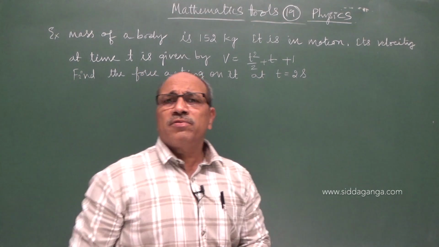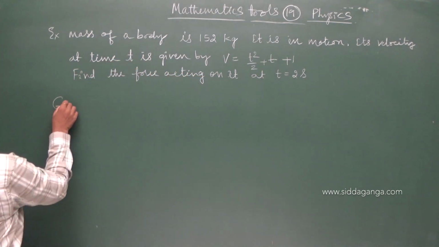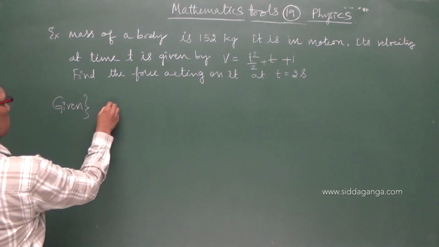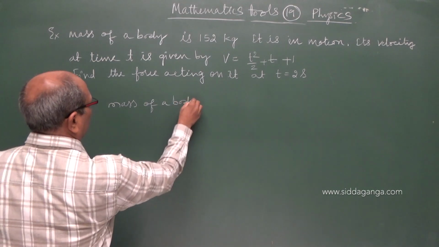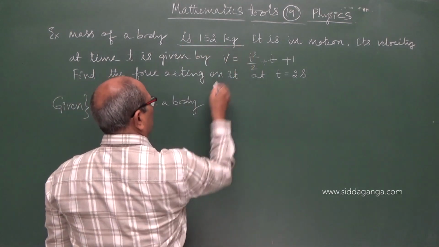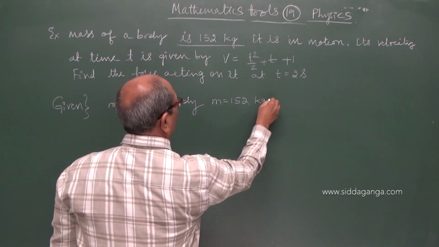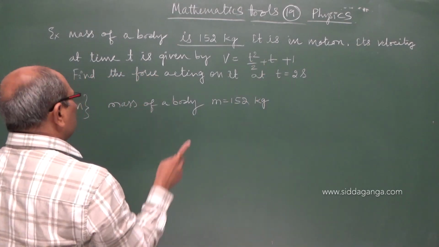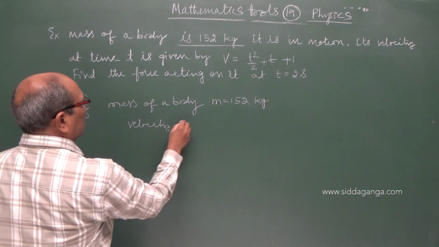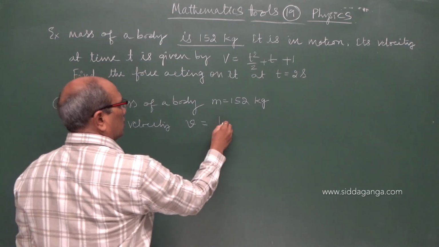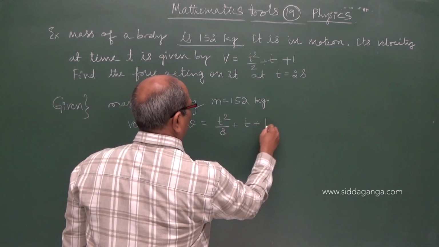So once again, carefully read the question. If you go through the information that is given, the mass of a body is how much? 152 kg. Its velocity is related as t square by 2 plus t plus 1.